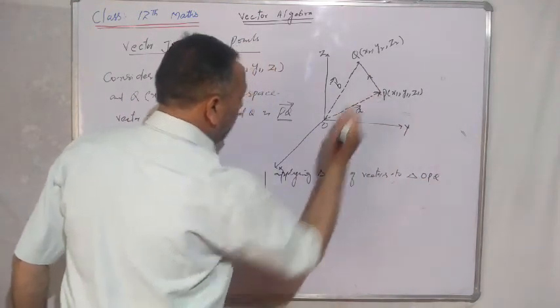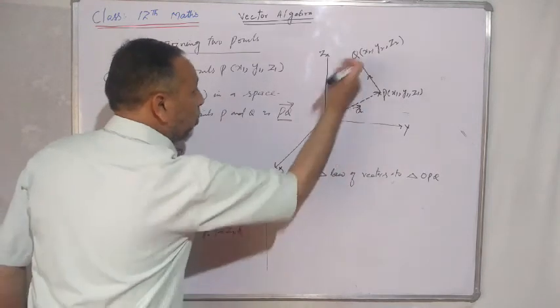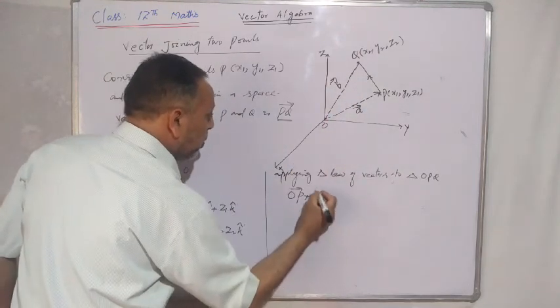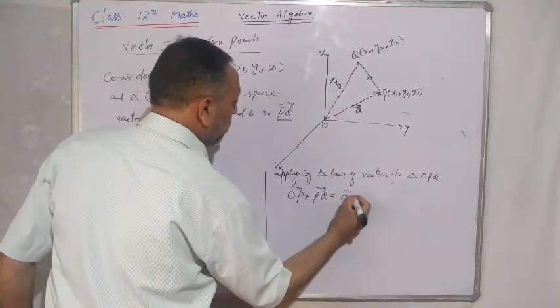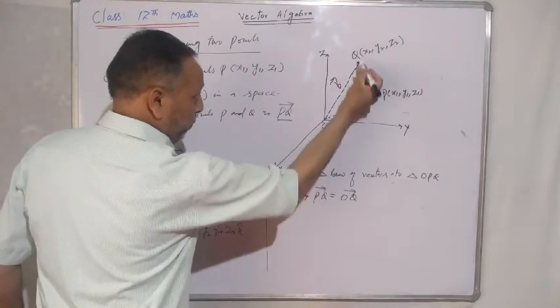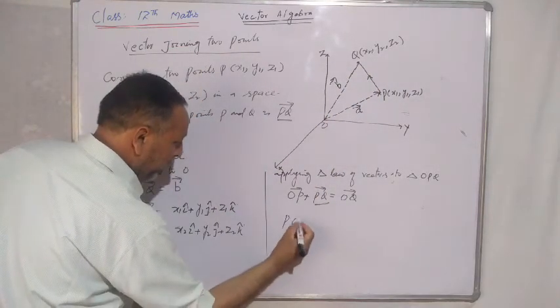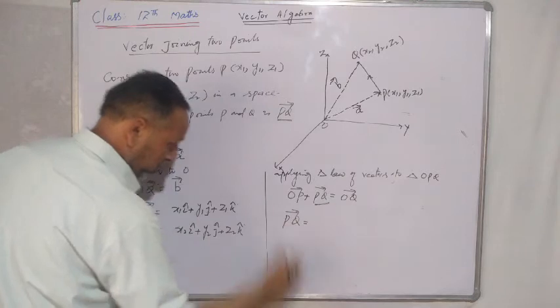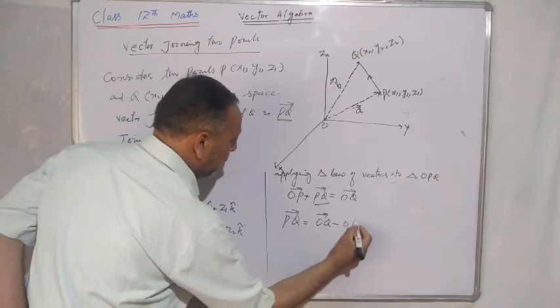It means vector OP plus PQ is equal to OQ. OP plus PQ is equal to OQ, so I need PQ. So vector PQ is equal to OQ minus OP.